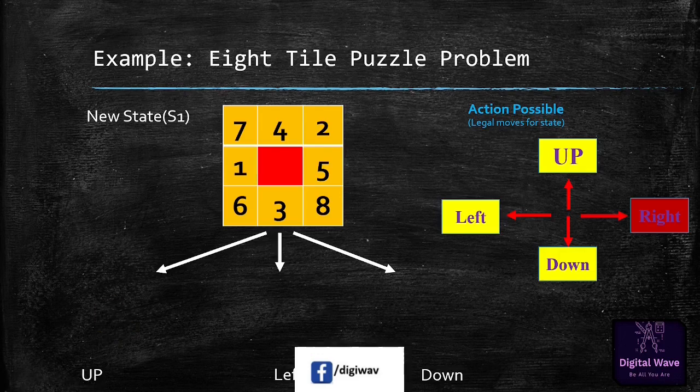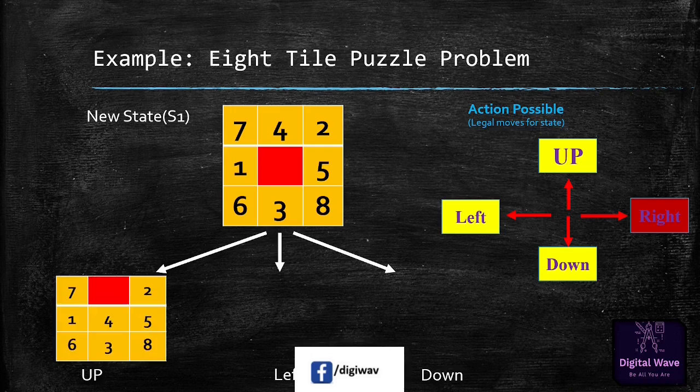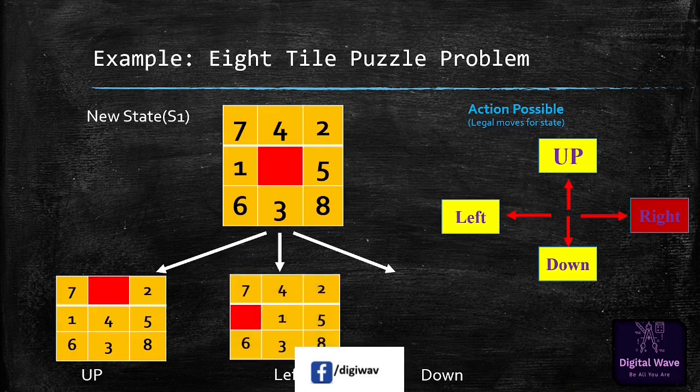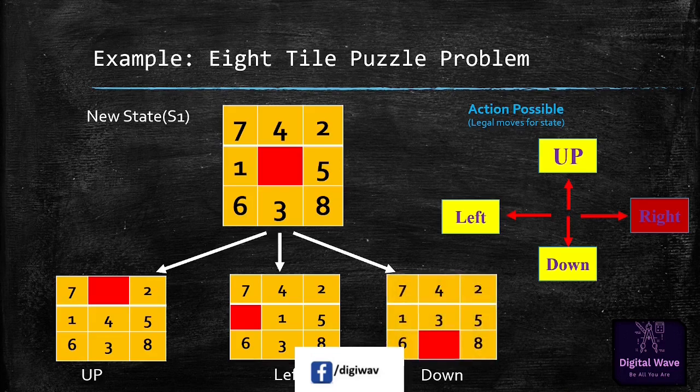Okay, now we will see what the possible options available here are. So after performing the up operation we will get this tile, and after performing left we will get this, and after performing down we will get this. Okay, so now we have to choose one state from these three possible states. So we will choose one of them and perform actions.